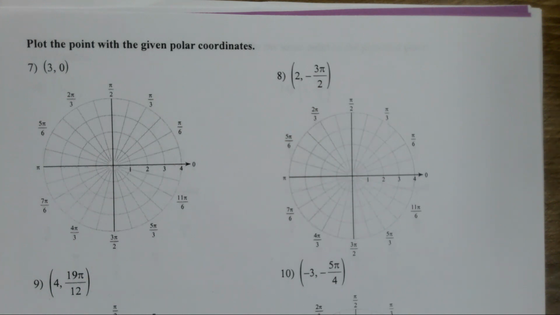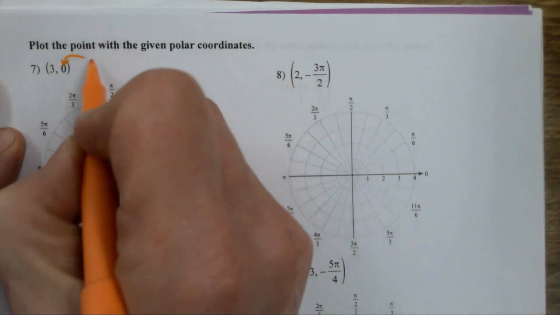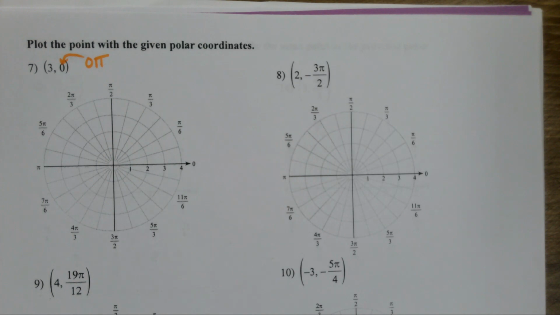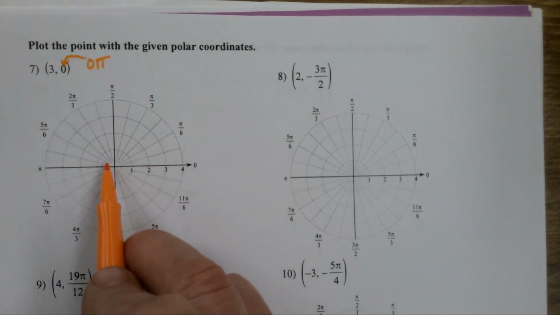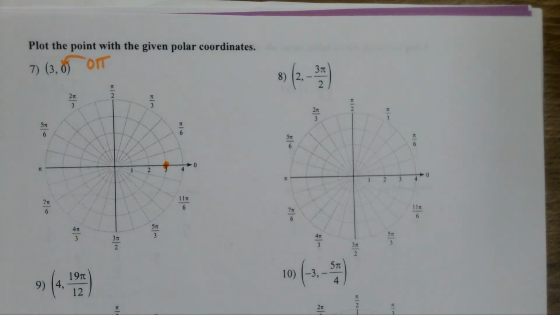So when I know it's in polar coordinates, I know that the second coordinate is always something to do with pi, and so that is actually 0 pi. Even though it doesn't say it, it is 0 pi. And so to graph that, I move out 3, and I don't move an angle at all. I stay at 0 pi.